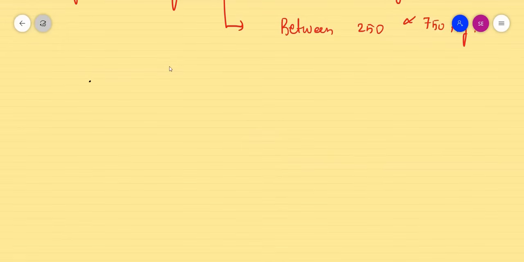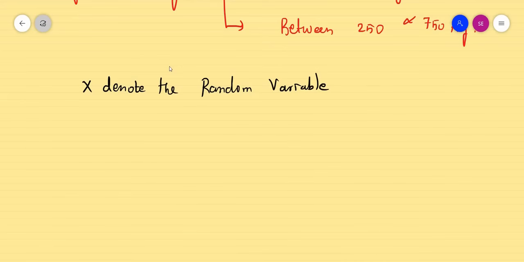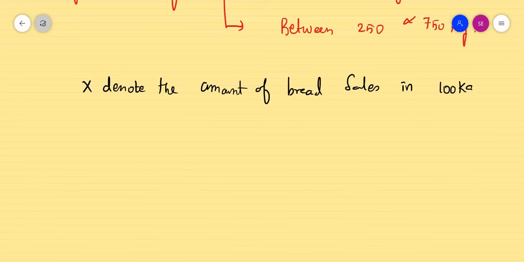Let X denote the random variable. You can write random variable, or you can, in specific, directly write the value. Let X denote the amount of bread sales in 100 kgs.